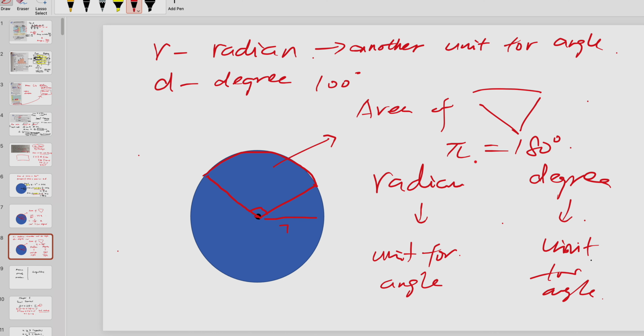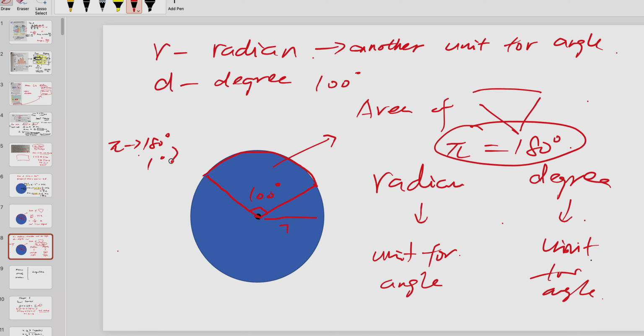So given the conversion is pi to 180 degrees, 100 degrees is what? Pi is 180 degrees. So 100 degrees is how much? Pi minus 80 degrees? Wrong. You should do what first? 1 degree how much? 1/180 of pi.